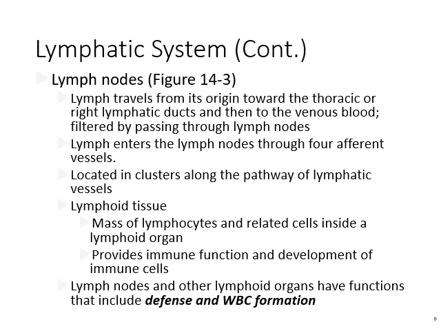It contains phagocytic cells. It provides immune function and development of immune cells. A lymph node can be the size of a pinhead, or as big as a lima bean. Lymph nodes and other lymph organs have functions that include defense, such as removing bacteria from the lymph, and they're part of white blood cell formation.